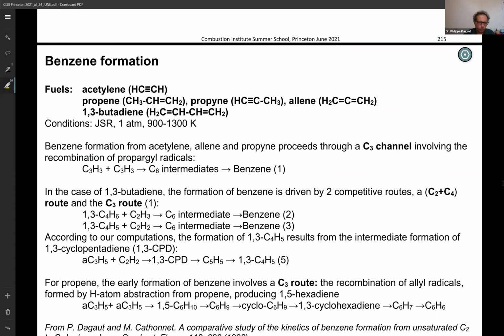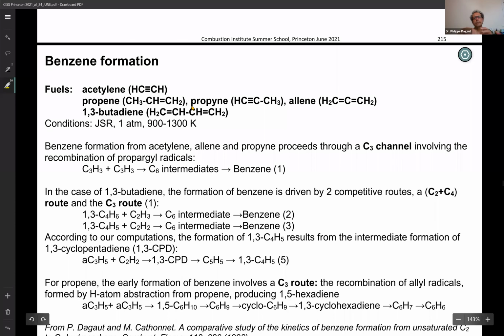So you have these 2 allyl radicals, which recombine to form 1,5-hexadiene, which can lose 1 H atom, form C6H9, which can cyclize, and you get this C6H9 cyclic intermediate, which then produces 1,3-cyclohexadiene, which itself produces another radical C6H7, and finally, after losing 1 H atom, you get benzene.